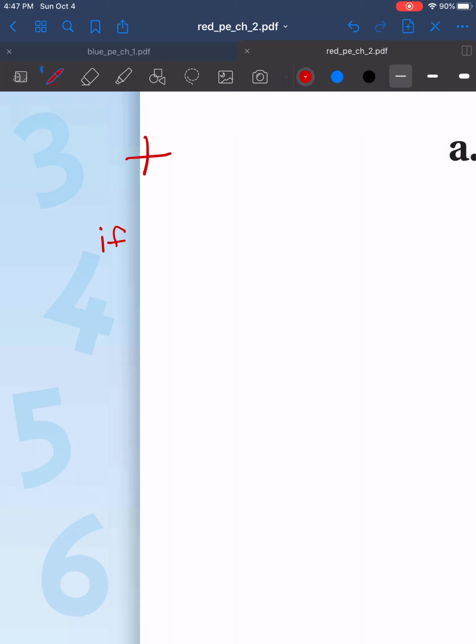If signs are the same, we just add, okay? And then we give the answer the sign they all have.